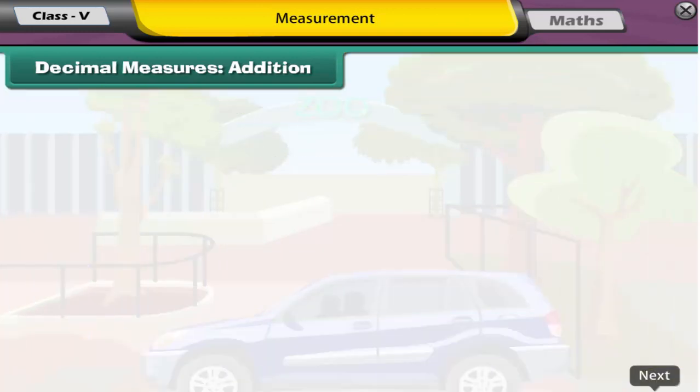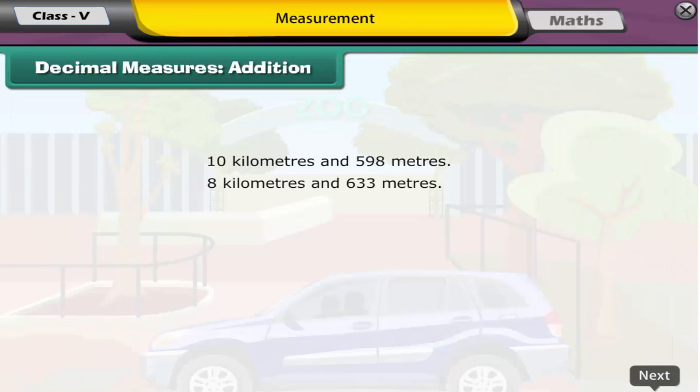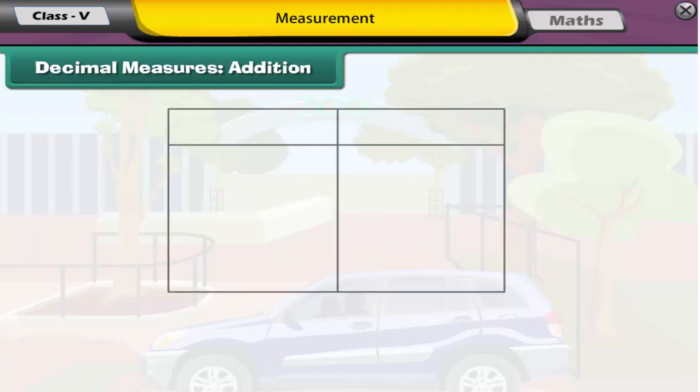The total distance covered by Ryan and his uncle can be calculated by adding both the distances. First, make 2 columns. In the first column, write kilometers, that is km, and in the second column, write m, that is meter. Write 10 under kilometers and 598 under meters.